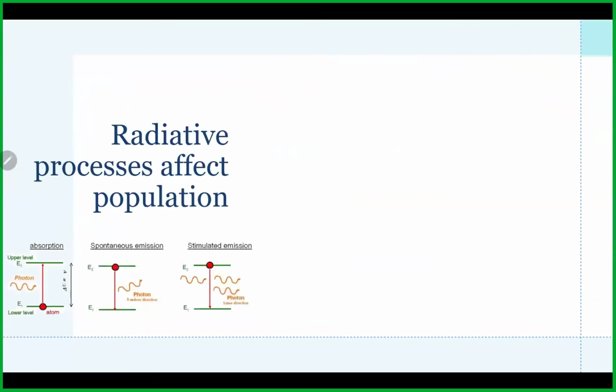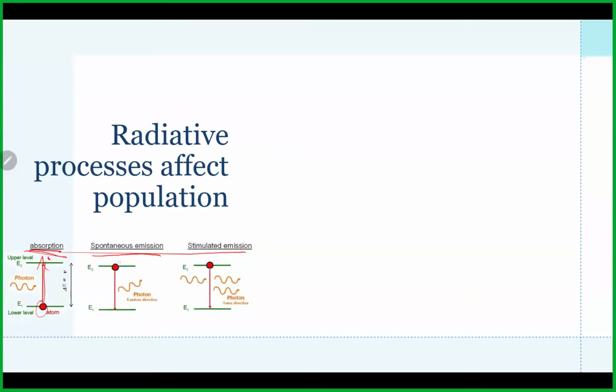So moving on. Population ratio. There are some things that affect population ratio. Remember, we talked about stimulated absorption, stimulated emission, and spontaneous emission. Stimulated absorption is the one where the molecule absorbs light and is promoted to an upper state.